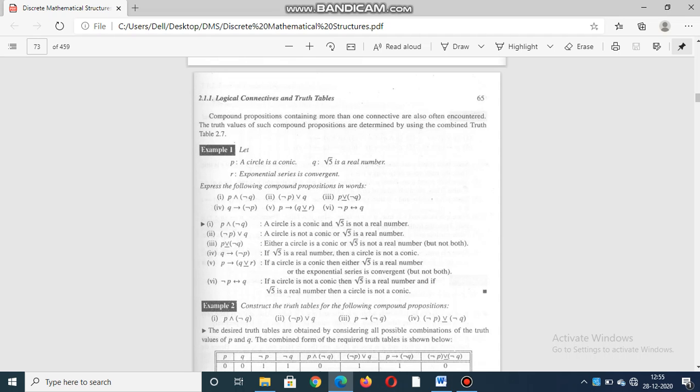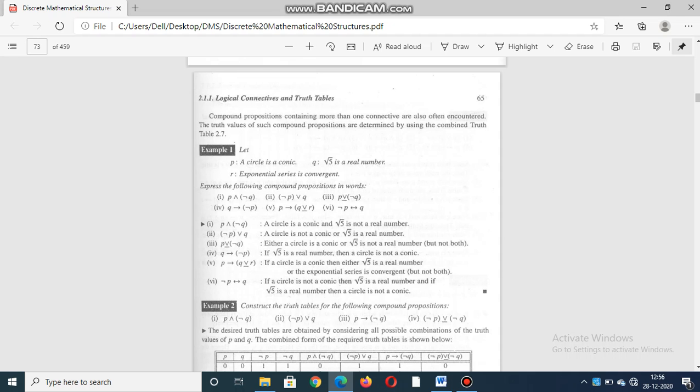Next is P implies Q exclusive R. Here you have to add if before the P statement: if a circle is a conic, then, instead of the implies symbol, Q exclusive R: either root 5 is a real number or the exponential series is convergent, but not both.